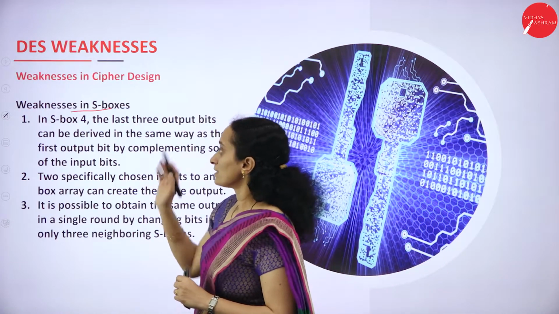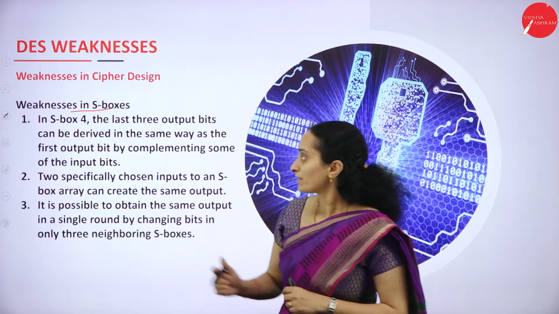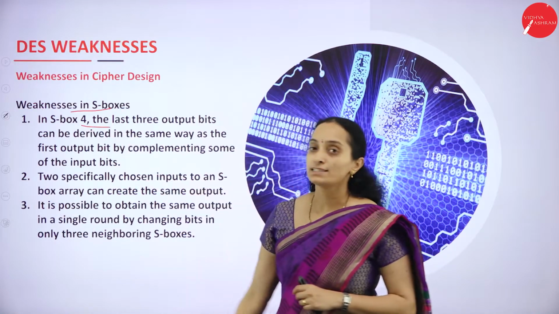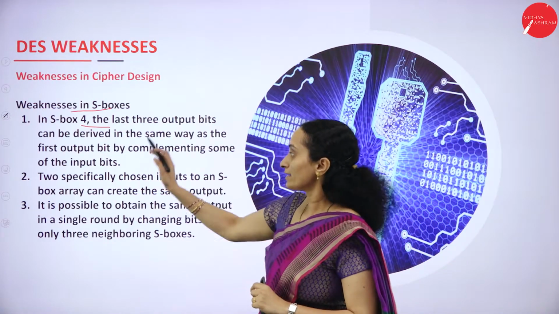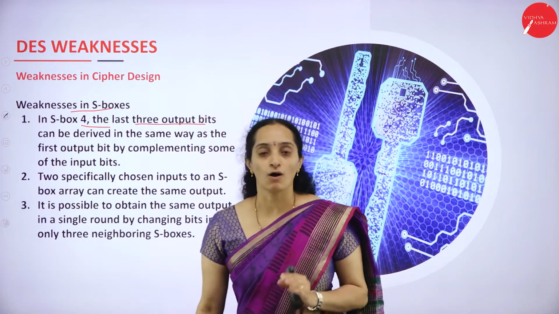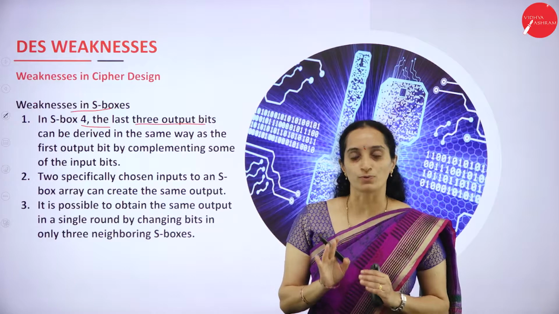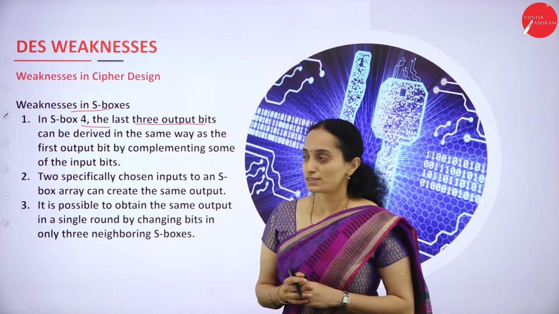There are certain weaknesses in S box. What are they? The first thing is, we have 8 S boxes, isn't it? So in S box 4, the fourth S box, we have 6 inputs and 4 outputs, isn't it?